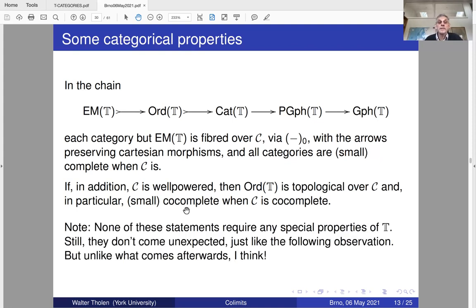Nothing of this is surprising. Most of it is in some form available already in Burroni's paper, not easy to read, so the terminology there is a little bit different. Also, the next thing I want to say is not unexpected, but when it comes to the comprehensive factorization, I think we get to more surprising territory.